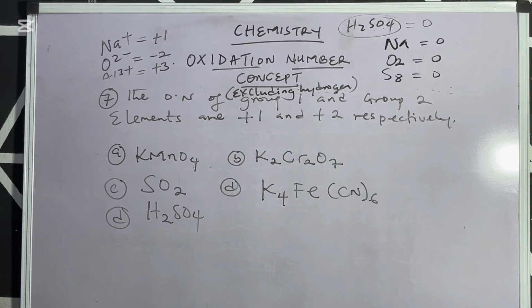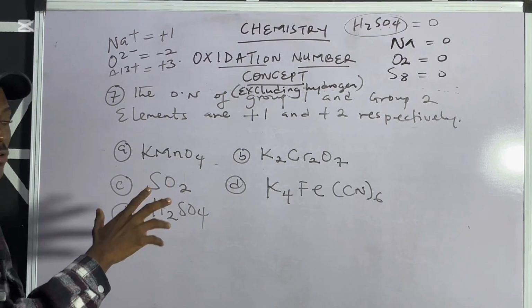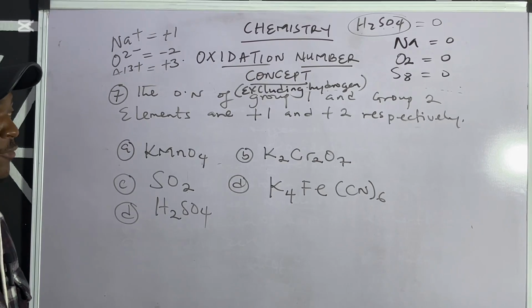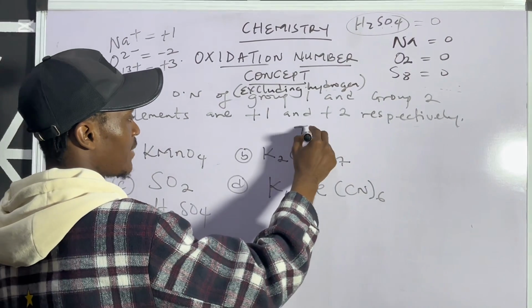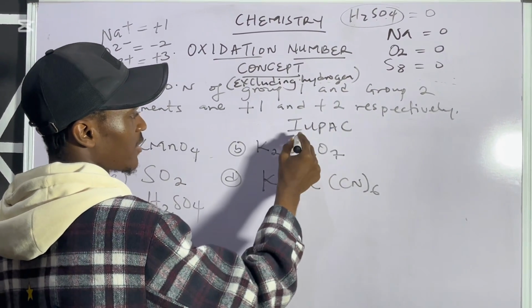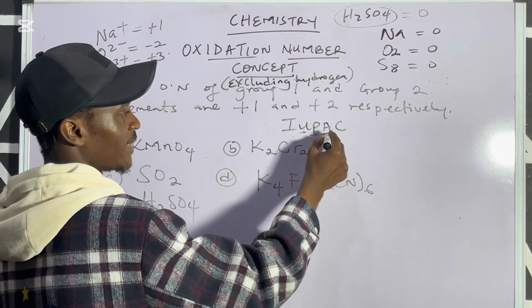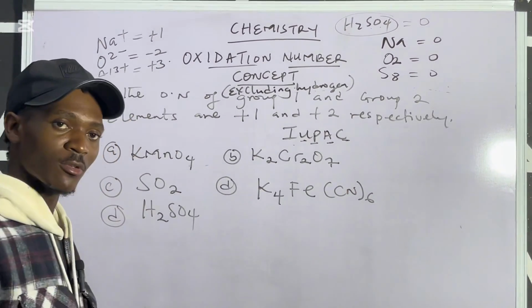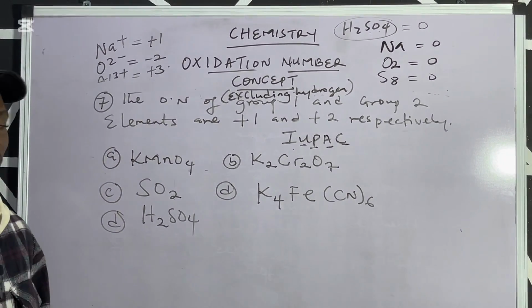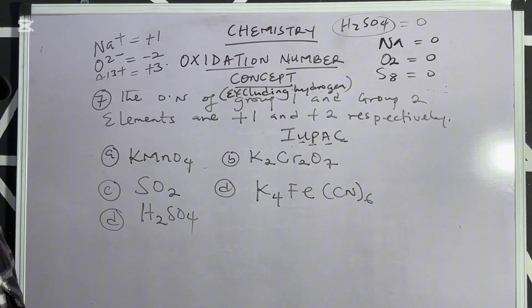Now you are asked for the IUPAC names of these compounds. Alright, and don't forget the full meaning of IUPAC means International Union of Pure and Applied Chemistry. So don't forget that, International Union of Pure and Applied Chemistry.